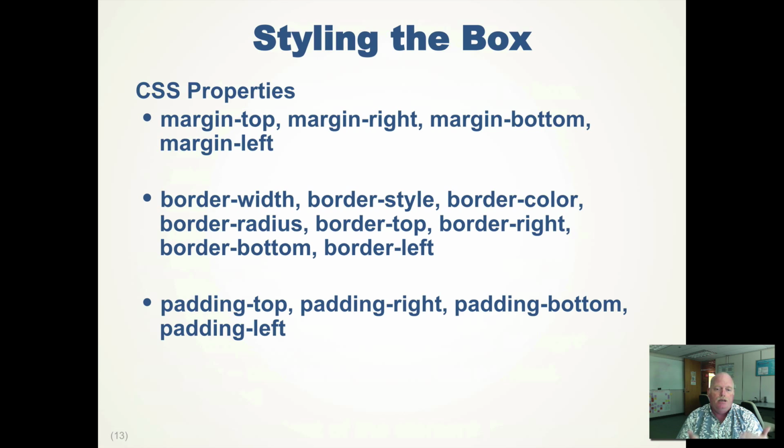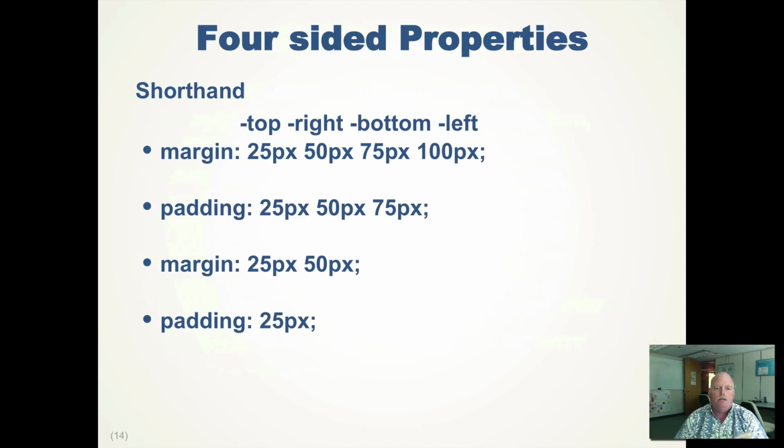We can combine border-top-right-radius, border-left-color. There's all sorts of combinations we can do with borders. And then padding, again, padding-top, padding-right, padding-bottom, padding-left. So for these four, we go from the top around the corners. We'll talk about that here.